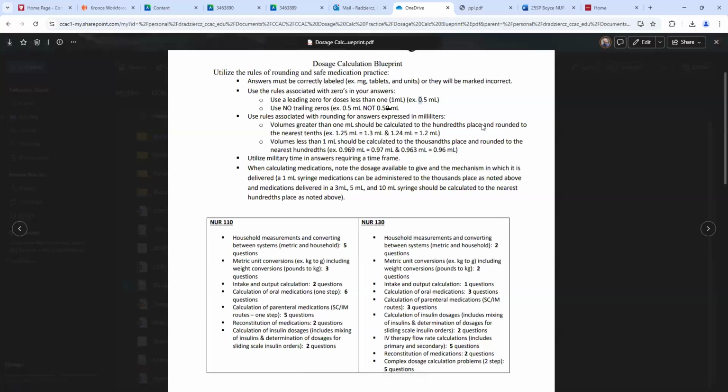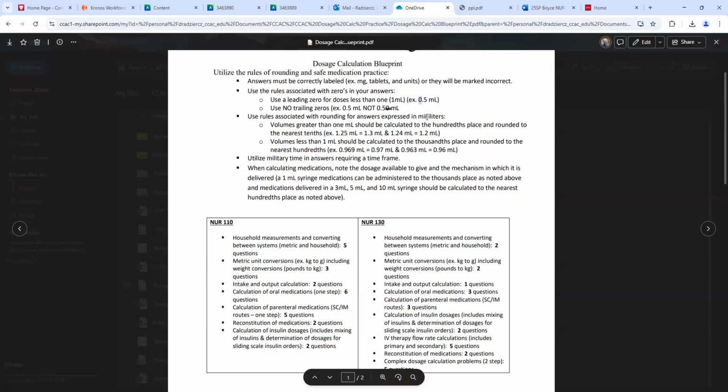Don't just write .5 because sometimes that little point doesn't look like it's there and it looks like you wrote 5. That's the best way to do that. Also, if your answer is 0.5, that's your answer. Don't put 0.50 because the same thing applies. Then it looks like, do they mean 50 or do they mean 0.5? What did they mean here? So just don't use trailing zeros.